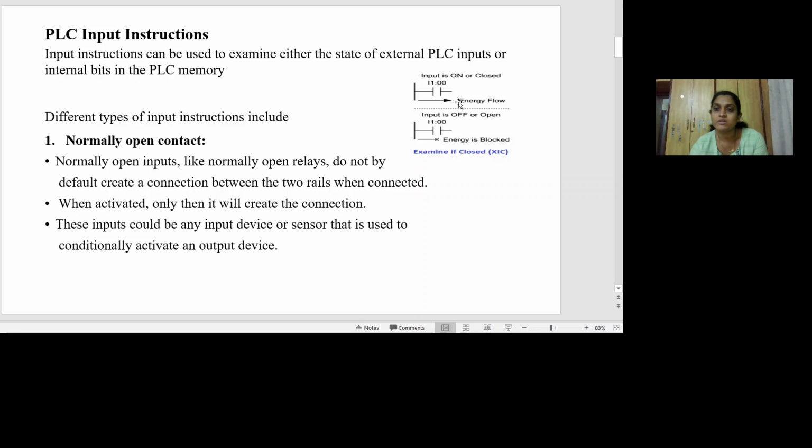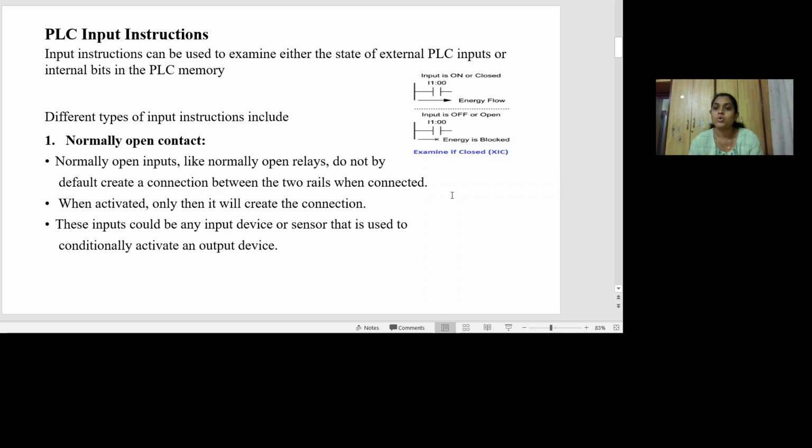The output devices which are connected to the output are now energized, or they become activated, or powered up. The inputs I was talking about could correspond to input devices like switches, limit switches, or sensors which are used to activate the output device conditionally.